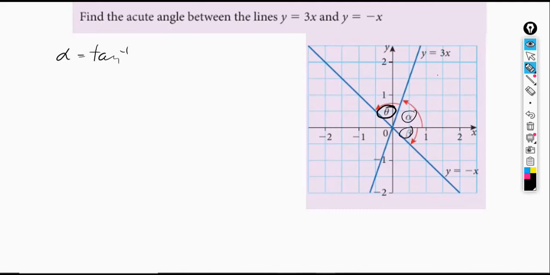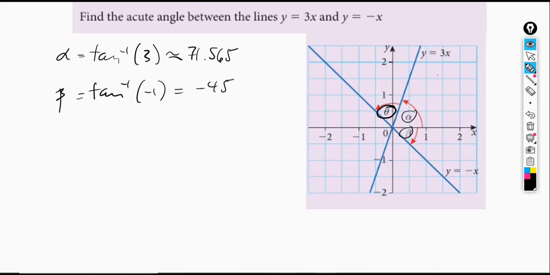So that means the inverse tangent of 3. And here we're going to get approximately 71.565 degrees. That's the measurement of angle alpha. For beta, we do the same thing, inverse tangent of the slope of the line, which in this case is negative 1, and this will be negative 45 degrees.